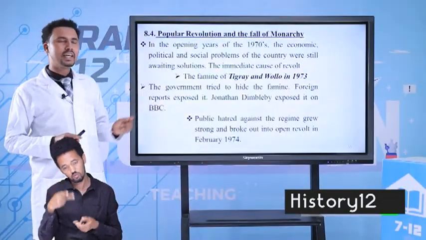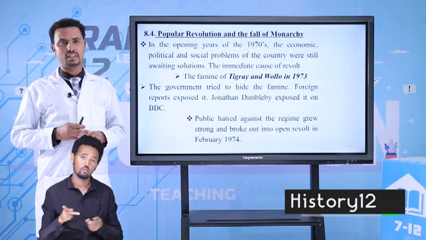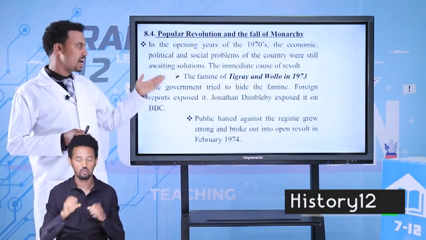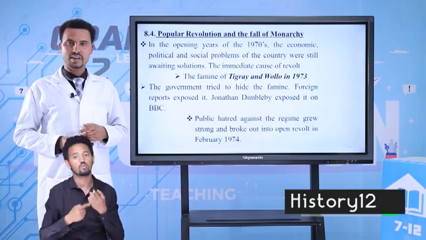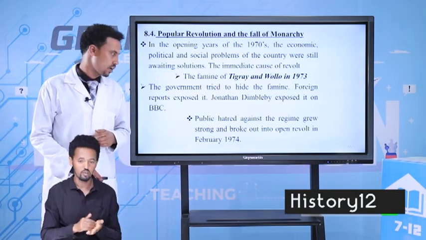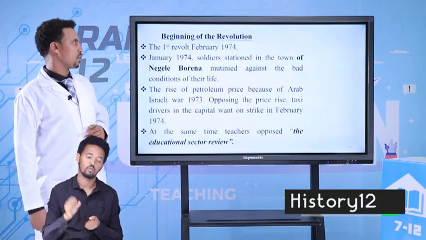Because the government hid the famine, the foreign media, especially the BBC, exposed it. Jonathan Dimbleby exposed the famine of Ethiopia. Then public hatred against the regime grew strong and broke out into open revolt in February 1974.